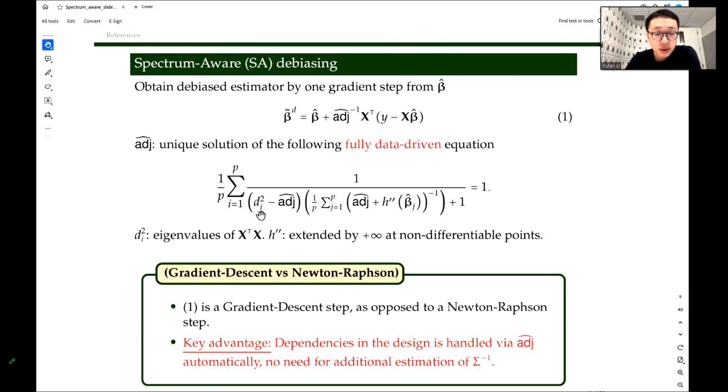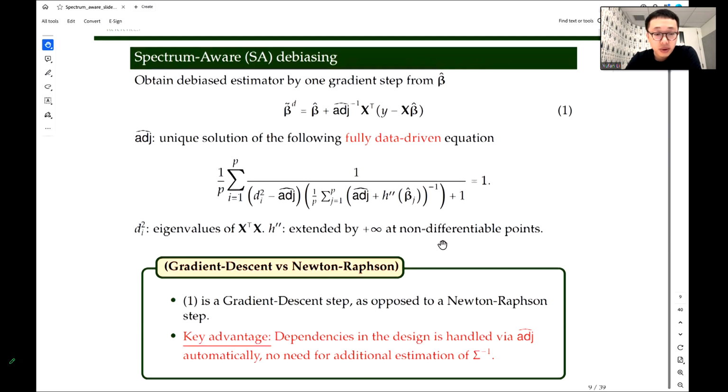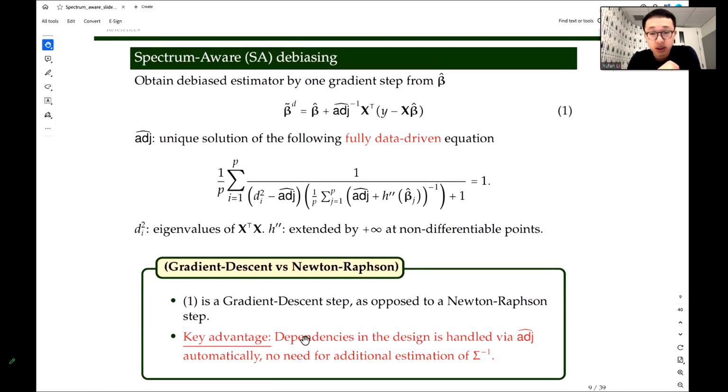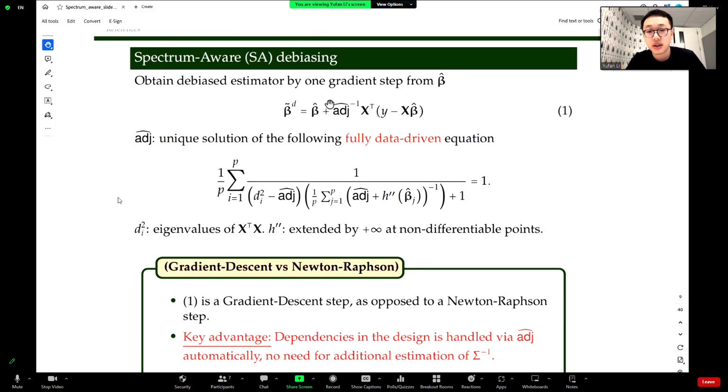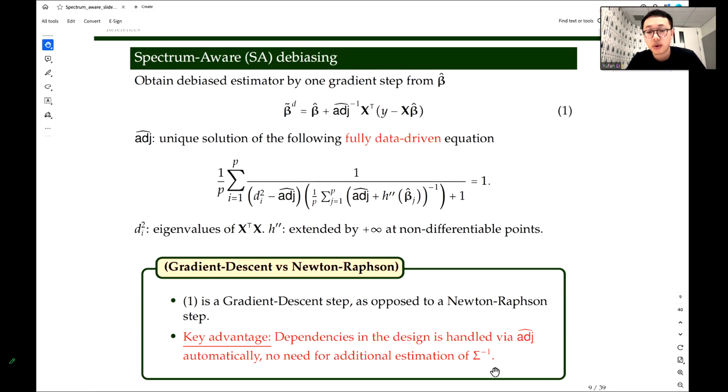For example, we just need the eigenvalues of the sample covariance matrix and information about the penalty you apply and the regularized estimator. So the key advantage is that the dependencies in the designs are handled via the scalar adjustment alone. We no longer need to estimate sigma inverse.